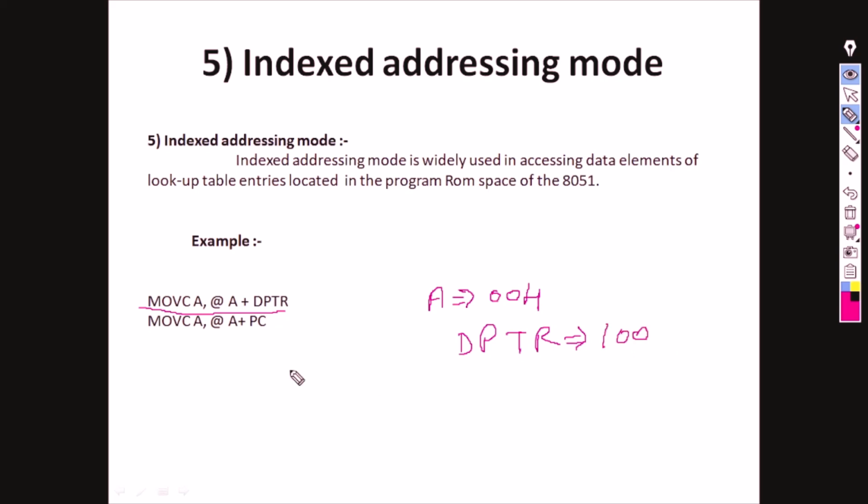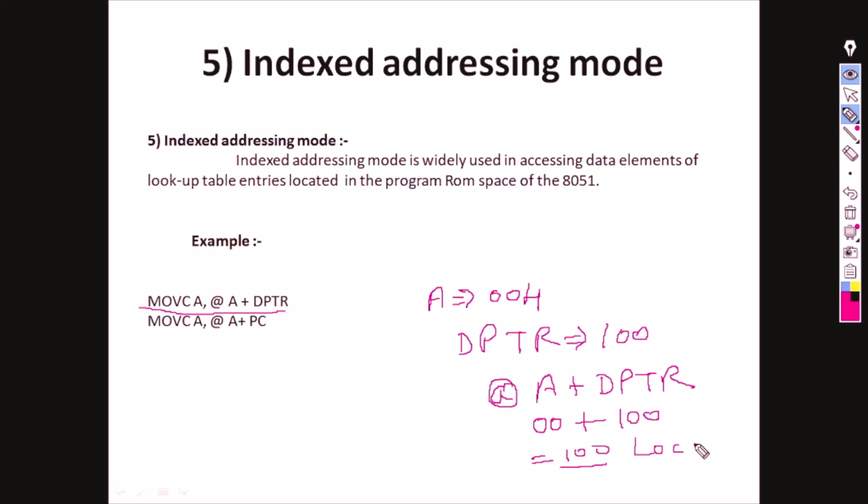Then what is the value of @A+DPTR? It means 00 plus 100, which is equal to 100. This is the location.